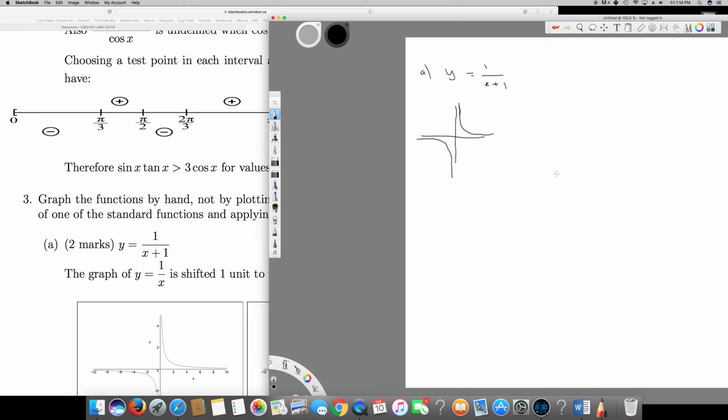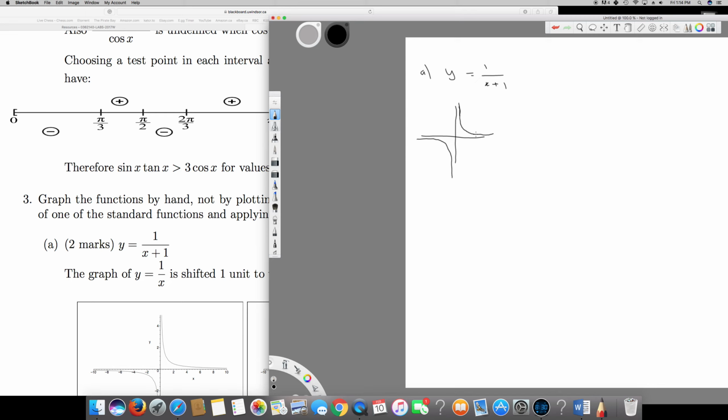And this is my 1 over x graph, and since we have 1 over x plus 1, plus 1 means we have to move to the left side. Some people make the mistake of thinking it's moving to the right side, but it's just moving to the left side.